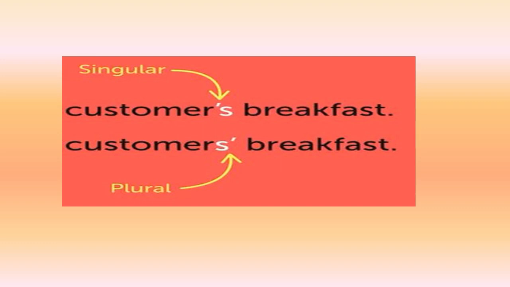Once again, I would like to draw your attention that the apostrophe for single possession goes before s, apostrophe s, and the apostrophe for plural possession goes after the s, that is s apostrophe.